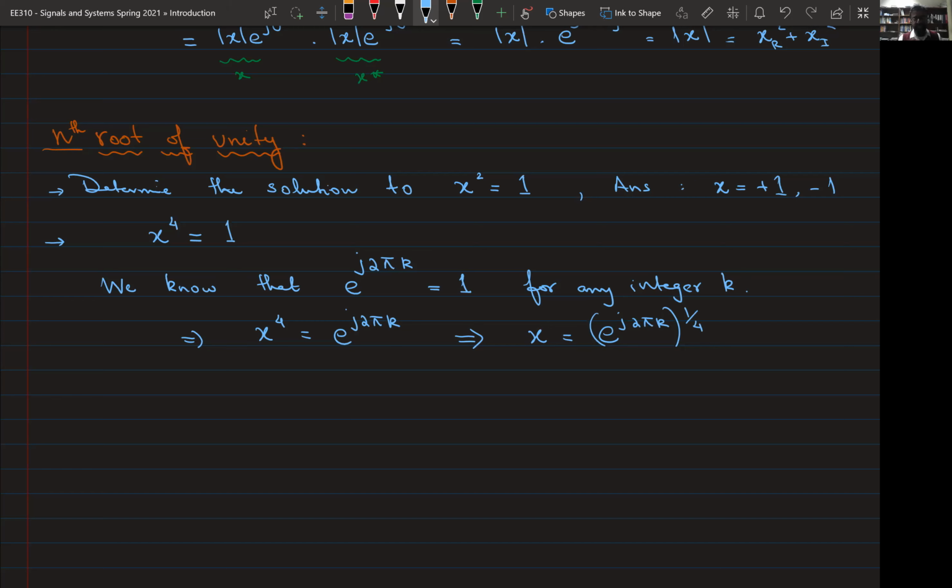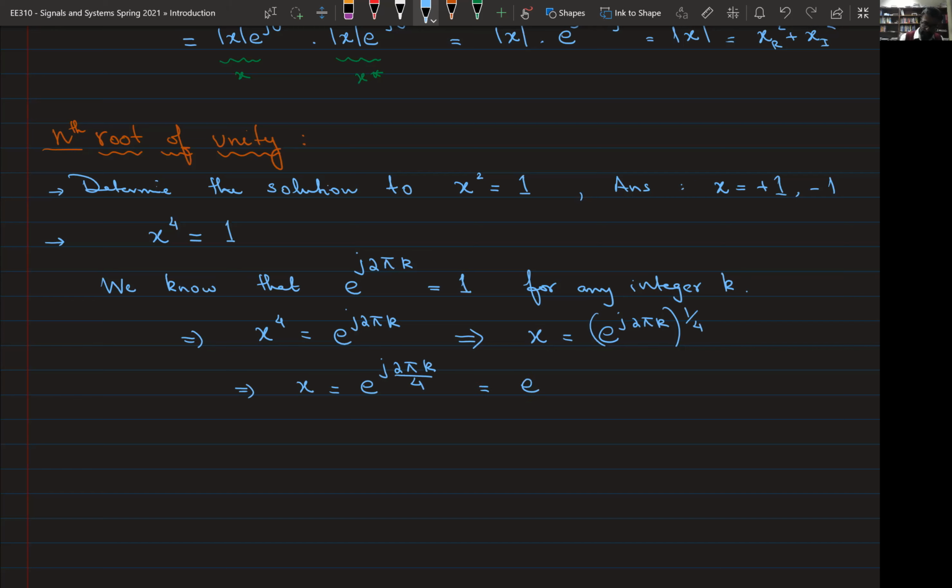I can cycle through all integers k and see how many unique solutions I get. This would imply that x is equal to e raised to power j times 2 pi times k divided by 4. Let me simplify this a bit.